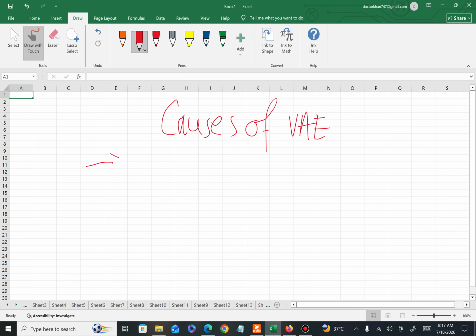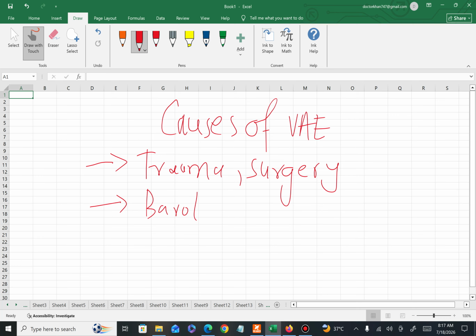It can be caused by trauma or surgery, mostly neurosurgical procedures. Then it can also be caused by barotrauma; baro means air, so air trauma or barotrauma, like positive pressure ventilation.